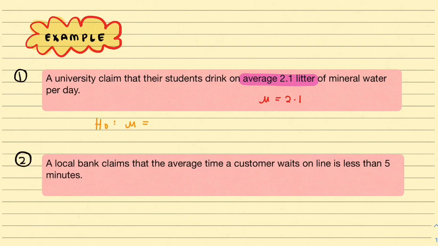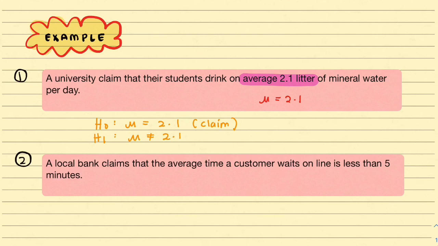So mu will be equal to 2.1. So this is your claim made from the question. So your alternative hypothesis will be mu is not equal to 2.1. The opposite symbol is not equal to. Okay, so that is our first step, stating the null and also the alternative.